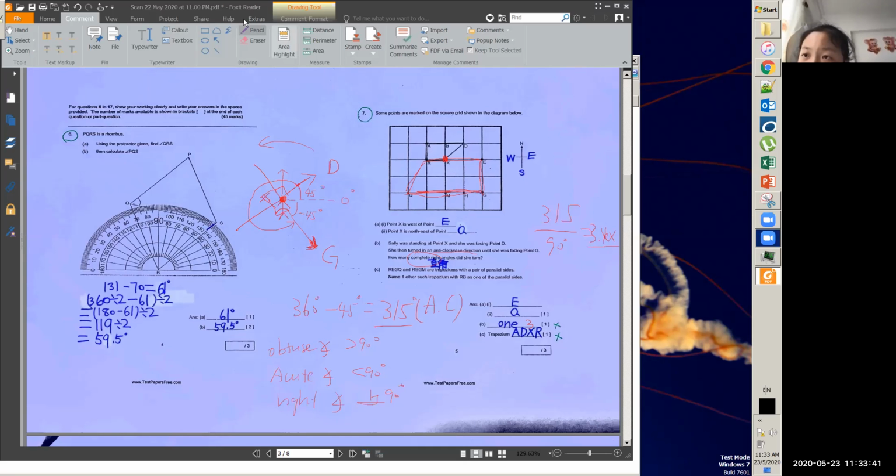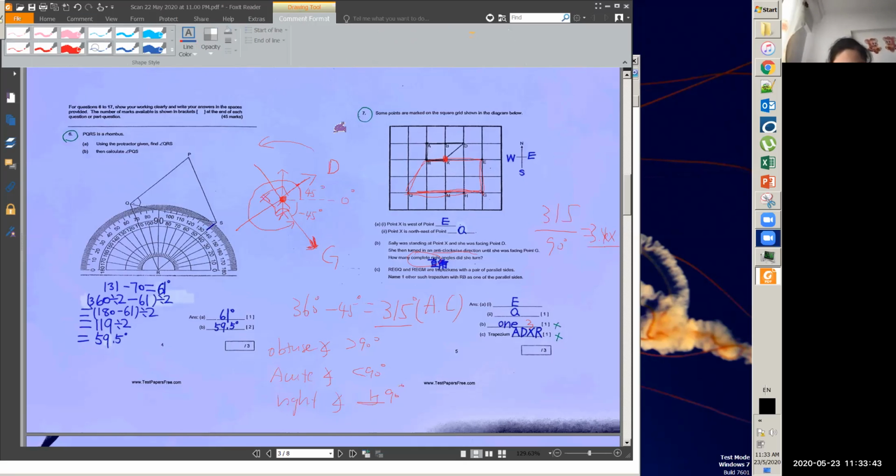Let me use a different color. REGM. So you have a red trapezium, and you also have a blue trapezium. Okay, good.